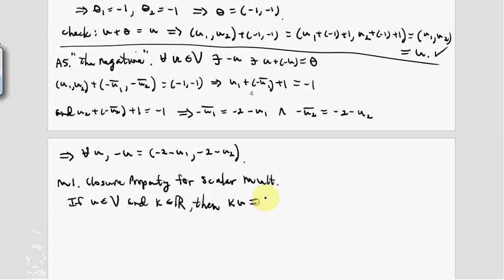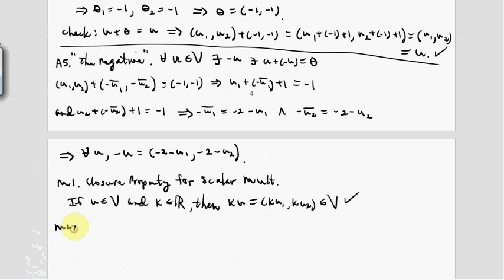So here, this is k u sub 1, comma, k u sub 2. It's in the space, so we're fine there. And that's just straightforward with respect to the definition.